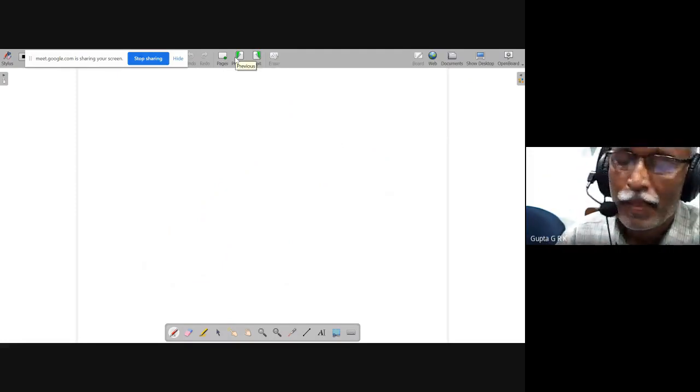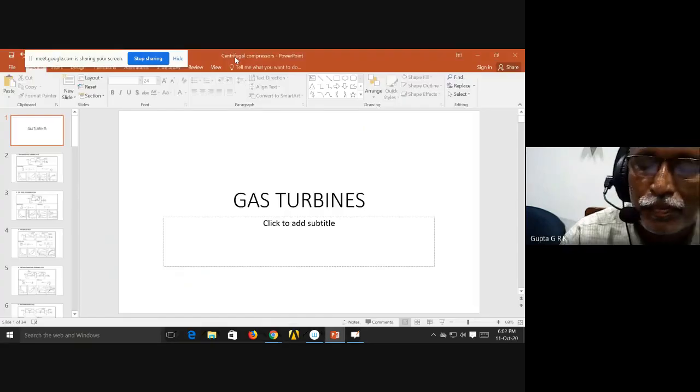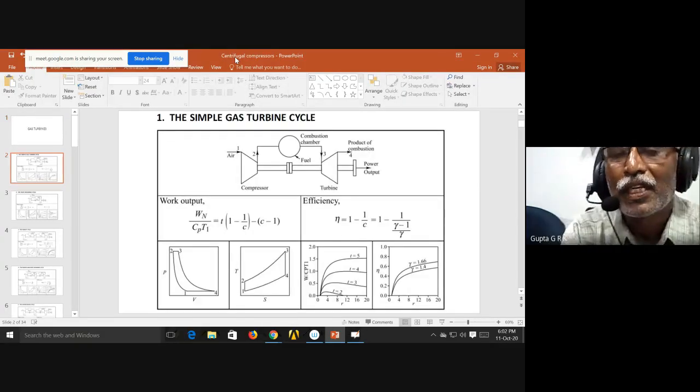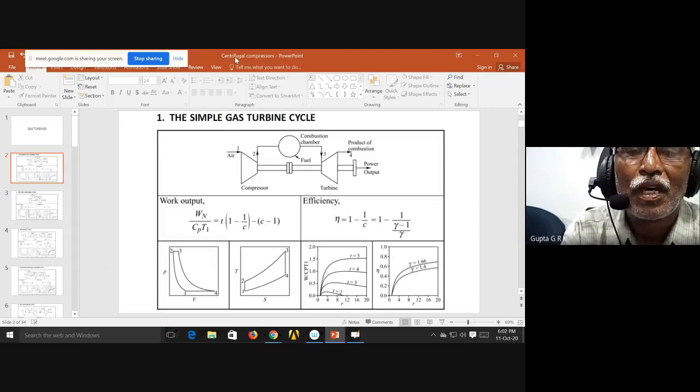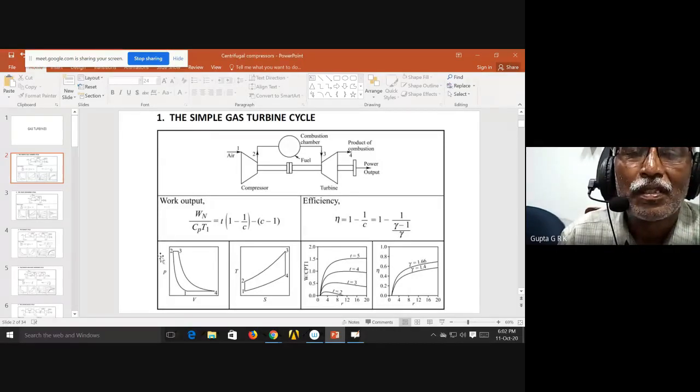So these are taken from Ganeshan only. At the end of the book, all the expressions are given. These expressions are easy to understand, whatever I told now, right? So C minus 1 is compressor work, T into 1 minus 1 by C is the turbine work, this minus this is the output.